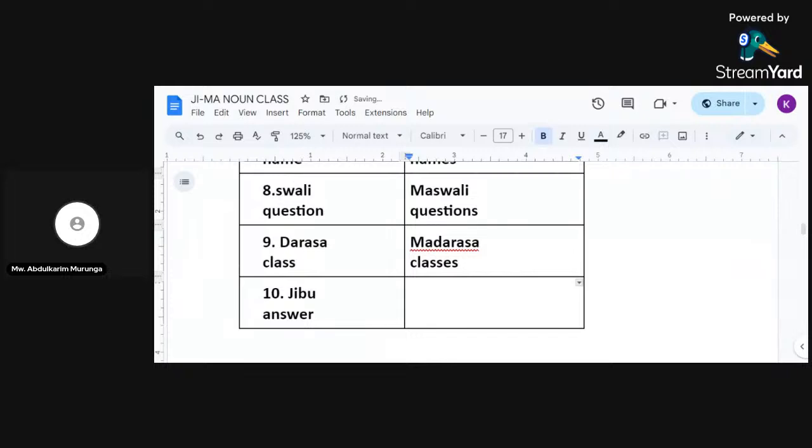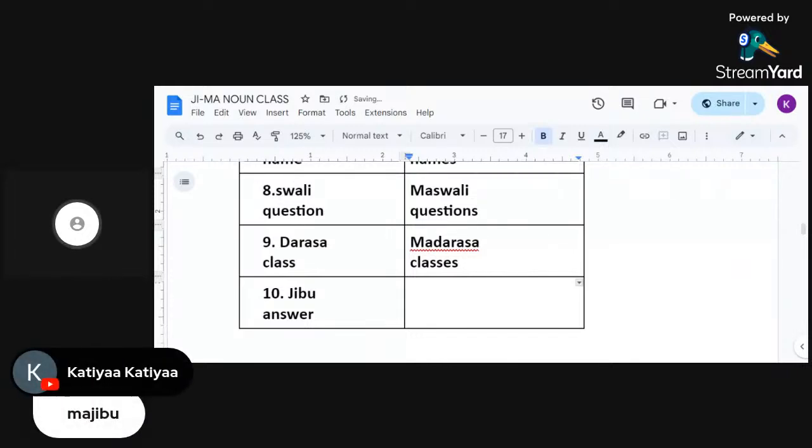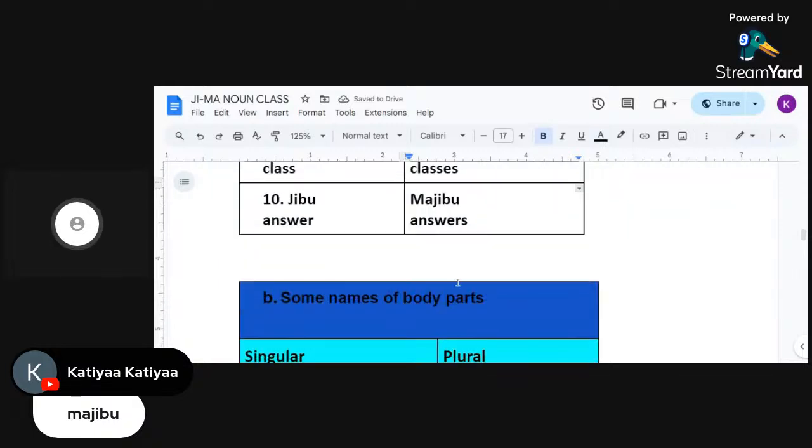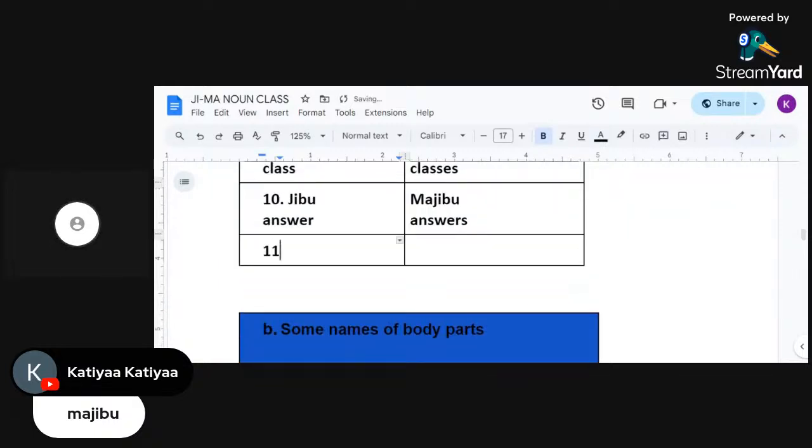Jibu is an answer. Majibu. Asante sana. Vizuri sana. Majibu are answers.